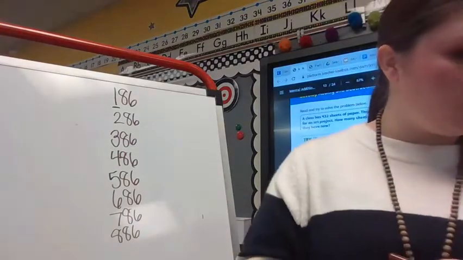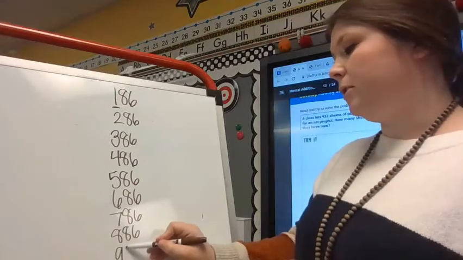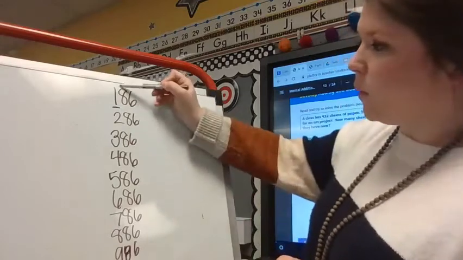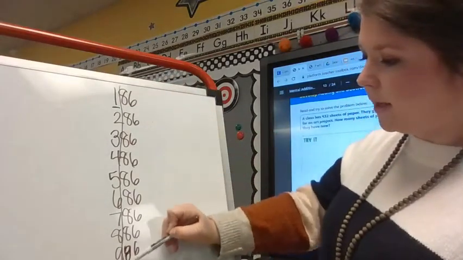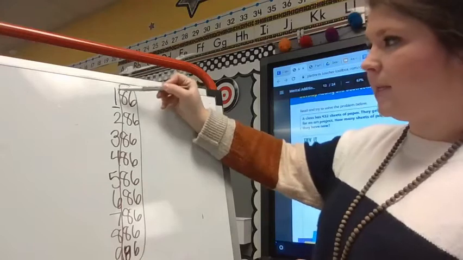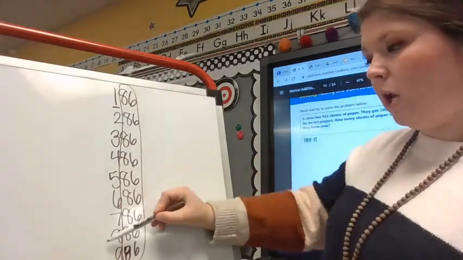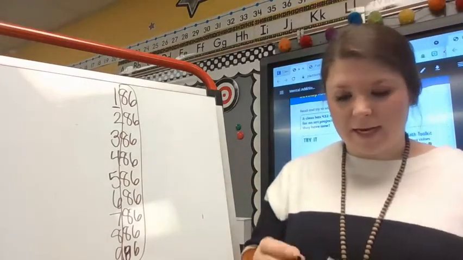And last one, 100 more. 986. So if you look, our tens and our ones stayed the same. They all have 86, but our hundreds counted up by one group of 100 each time, didn't it?